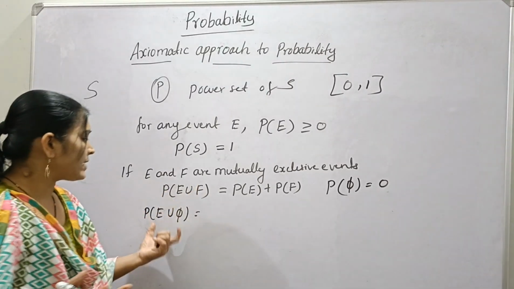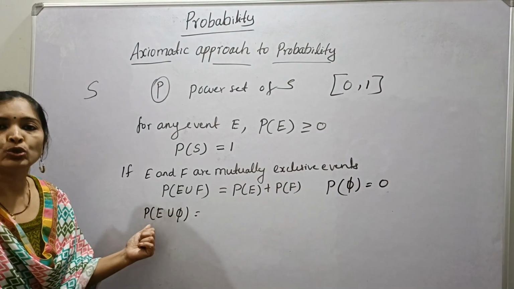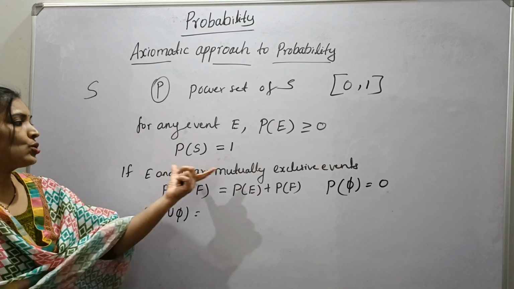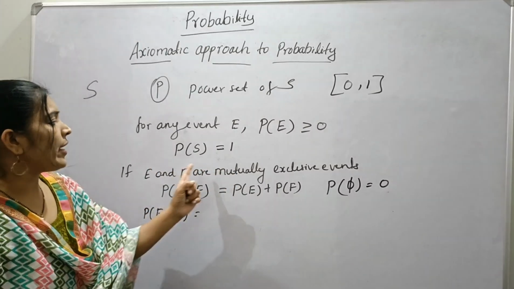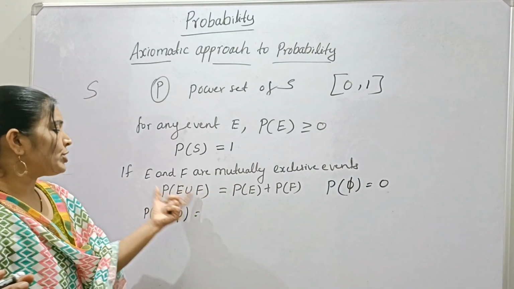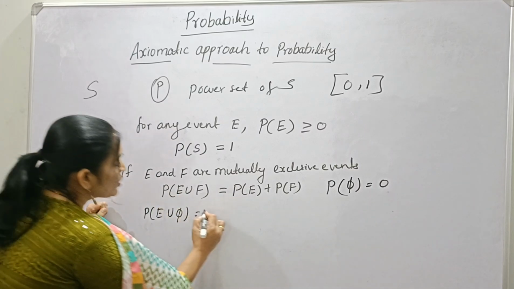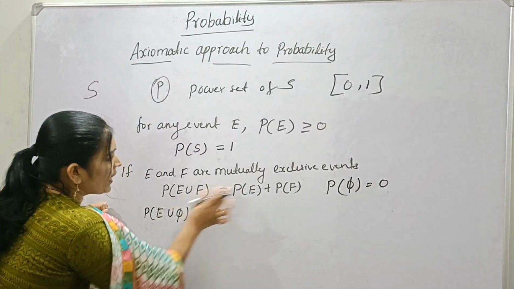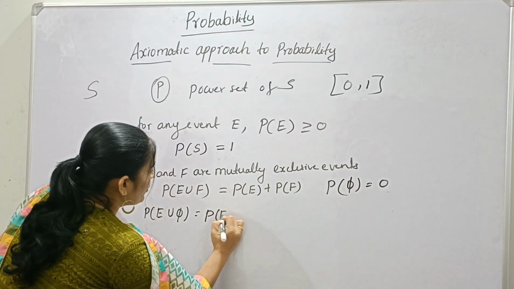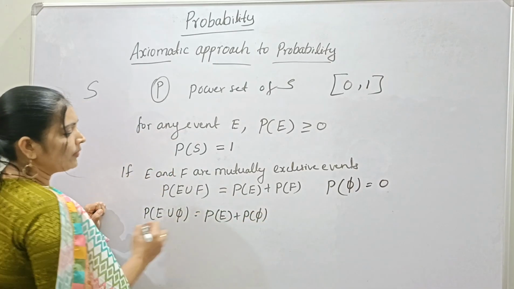Therefore E and phi are mutually exclusive events. So according to the rule, probability of E union phi is equal to probability of E plus probability of phi.